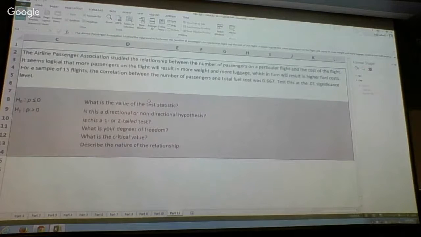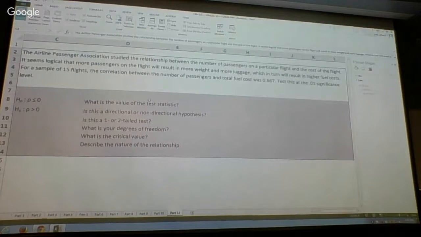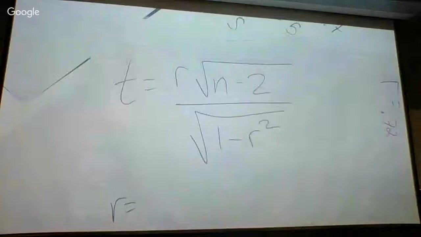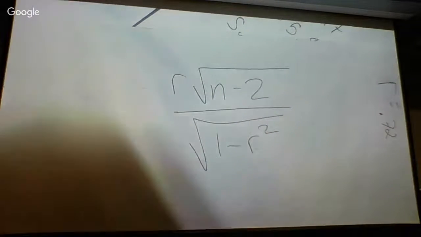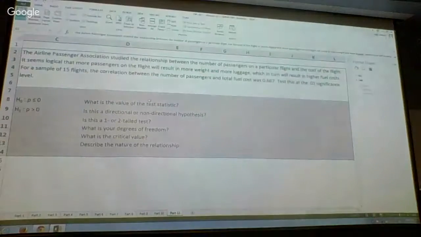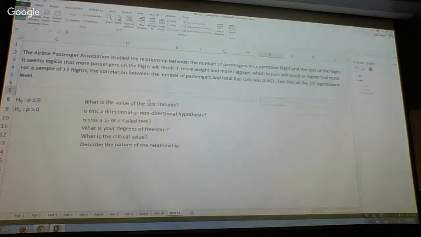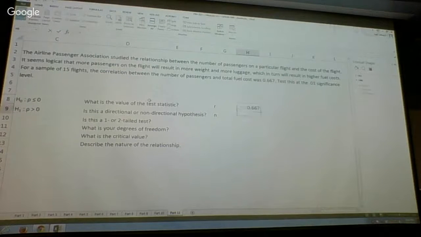96, what is the value of the test statistic? In order to calculate a test statistic, we're going to use that formula. The test statistic, T, requires two inputs, R and N. What's the value for R? 0.667. Value for N? 15.